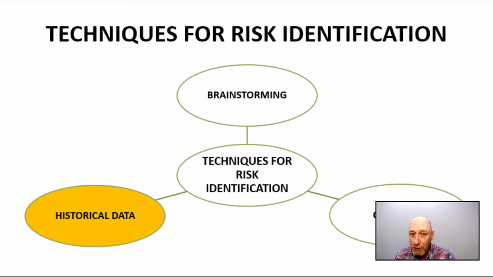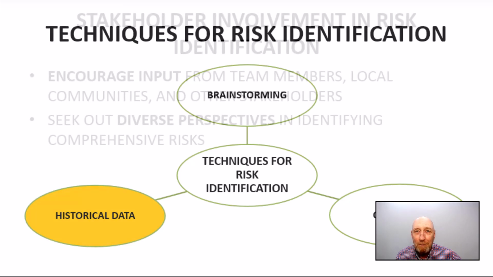Looking at past projects or similar initiatives can give us valuable insights into risks that were encountered in the past and how they were addressed. For example, analyzing data from previous humanitarian projects may reveal recurring risks like disease outbreaks. This will enable teams to proactively plan should this happen again.